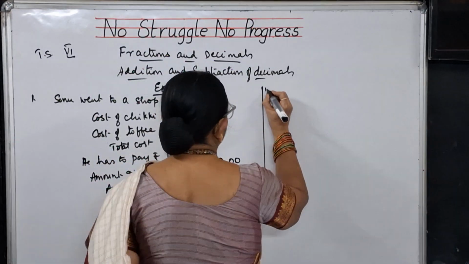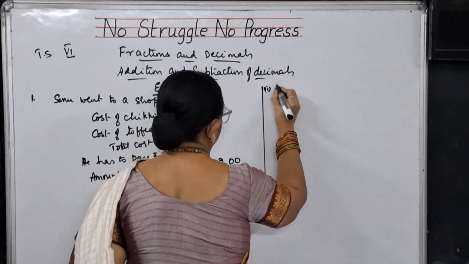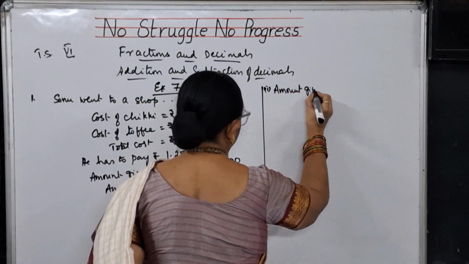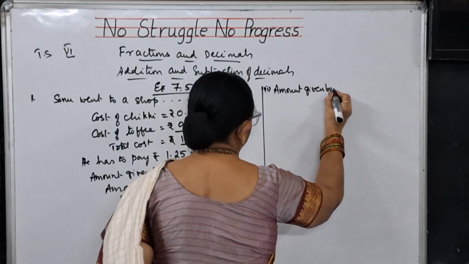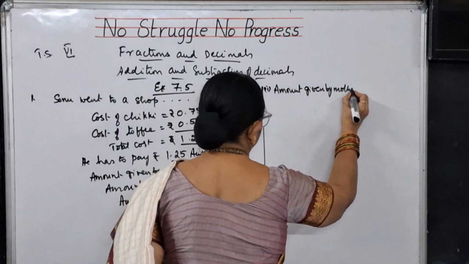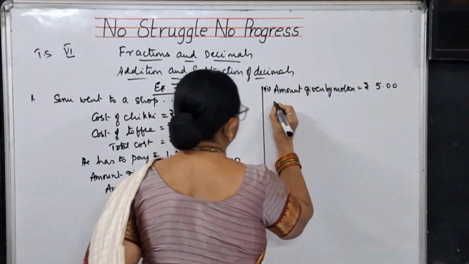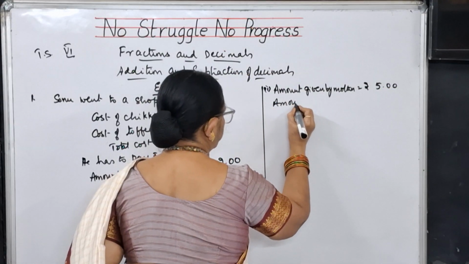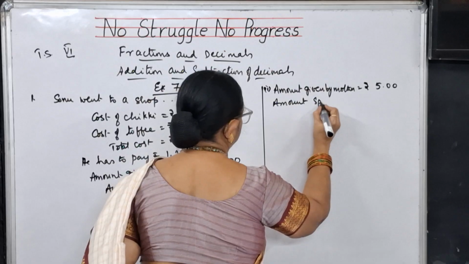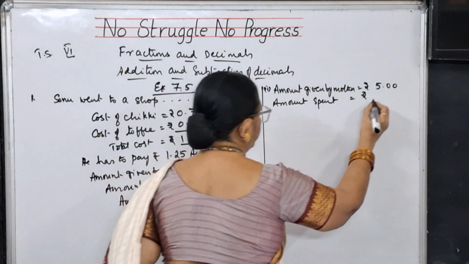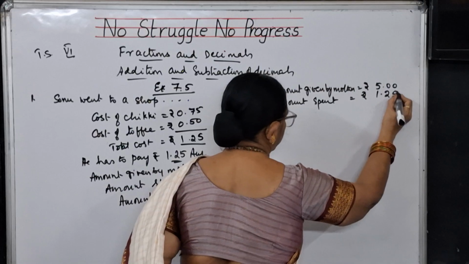So, second bit, amount given by mother is equal to rupees 5. Amount spent is the same, 1 rupee 25 paisa.